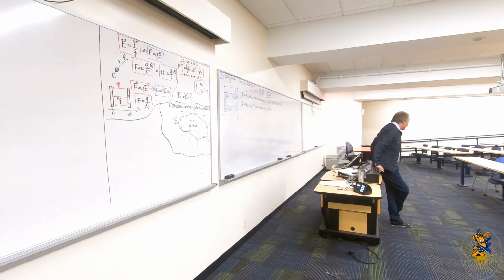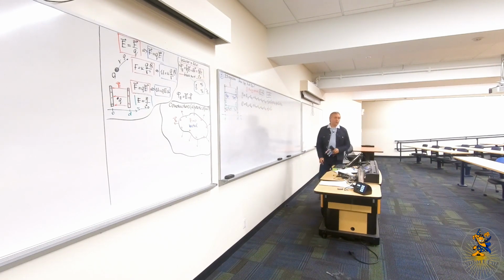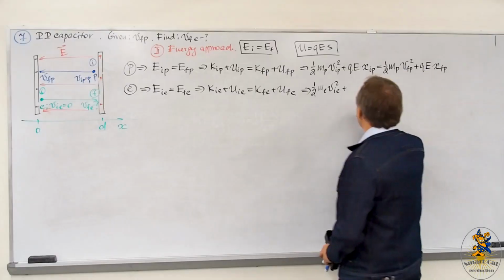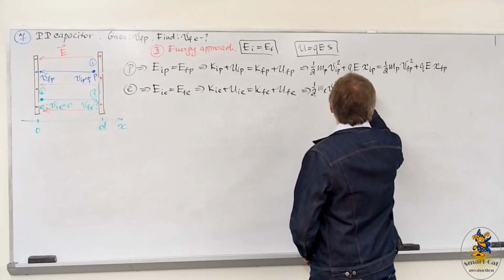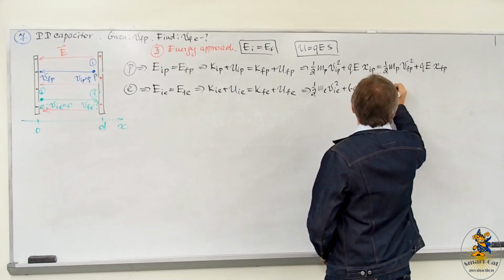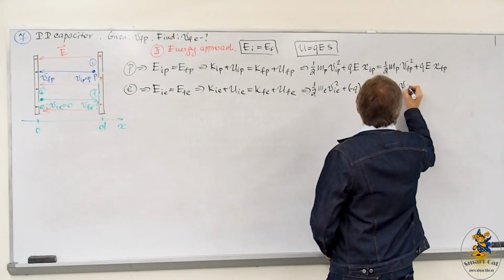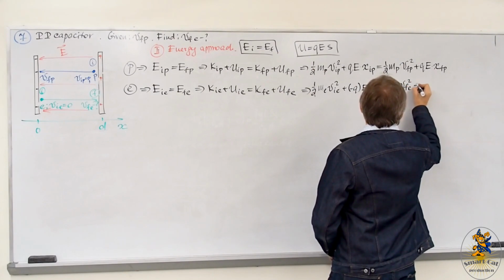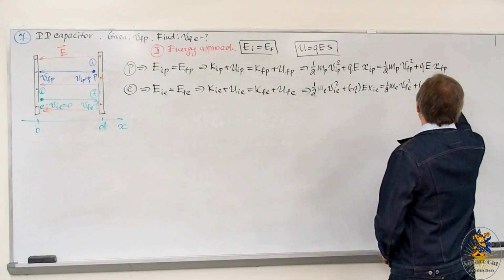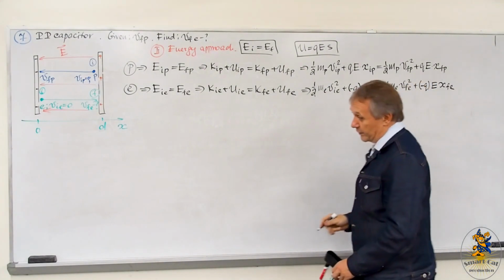Minus Q. The electron is a negatively charged object. We need to show that. So let me put minus Q. And of course, the charge of the proton in absolute value is exactly the same as the charge of the electron. So now I will put minus Q E X initial of the electron equals one half mass of the electron V final of the electron squared plus minus Q E X final of the electron. Phew, you really feel dizzy.